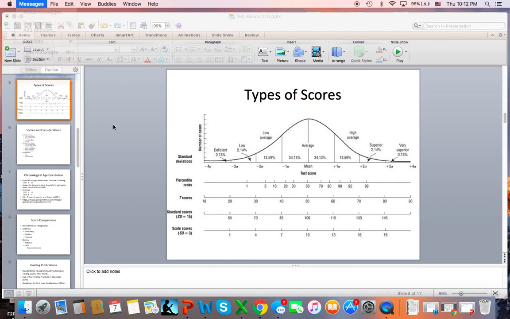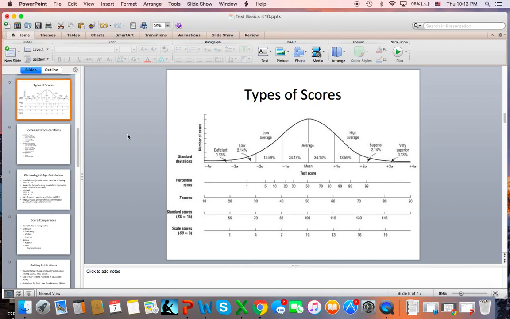Assessments are going to use T-scores. So then our percentiles up here are a pretty good way of disseminating results to parents and people that may not be quite as well versed in testing and assessment.